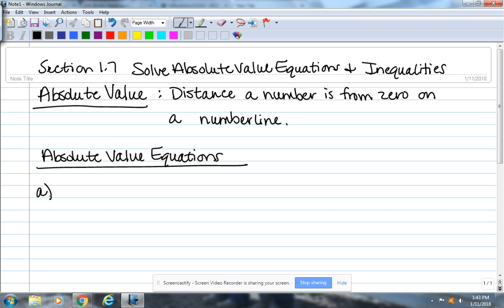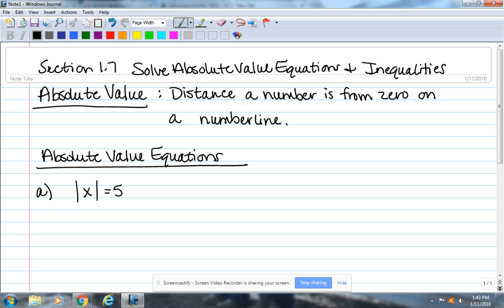So example A, as simple as it can be: the absolute value of x equals 5. When you're solving something like this, you're saying the absolute value of what number is 5?